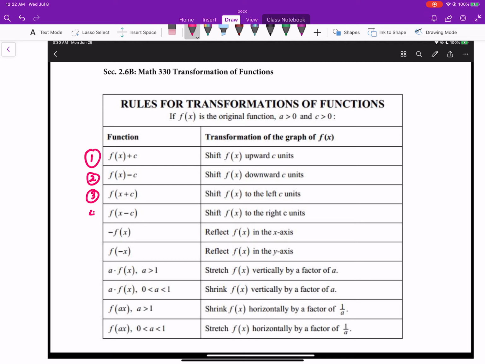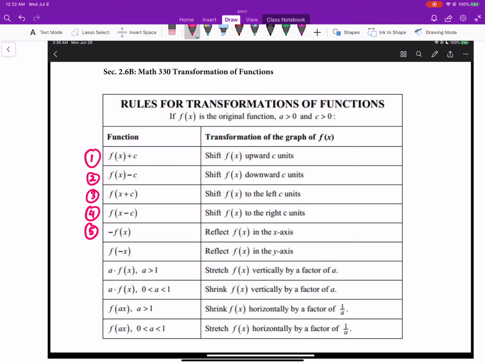And then if you look at 4, it's a minus c to the x, which is the input. So again, you're effecting a change on the horizontal, meaning that you are shifting the function to the right by c units. In 5, what you're trying to do is you have the negative multiplying the function.